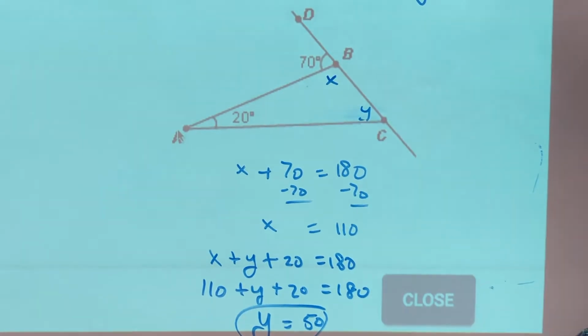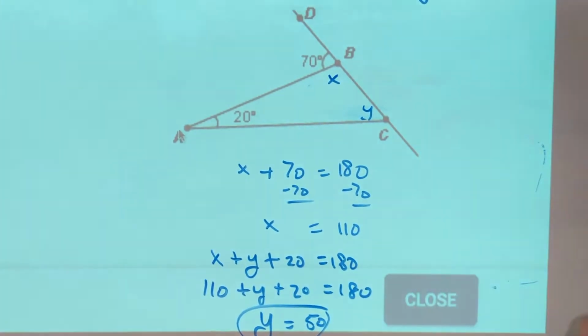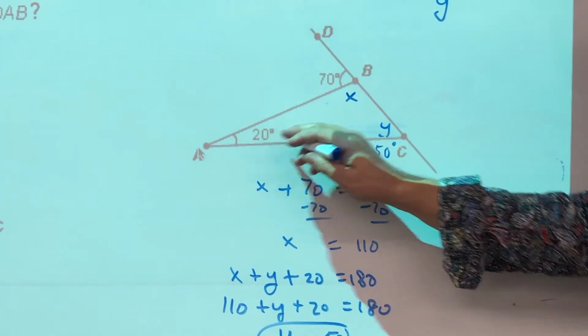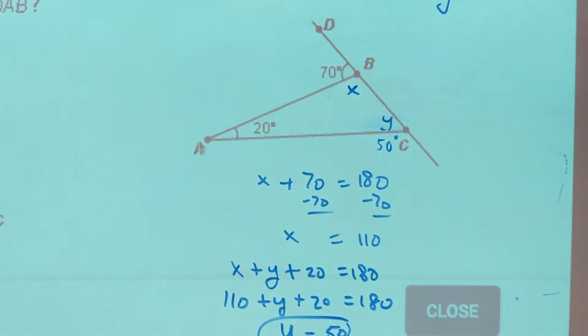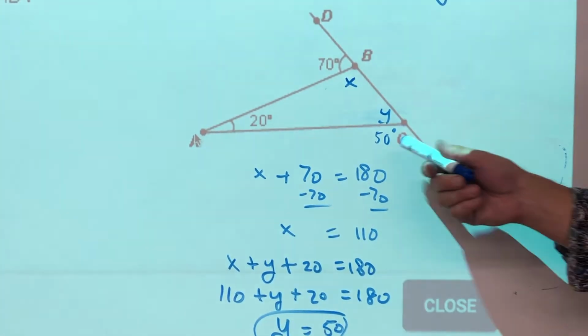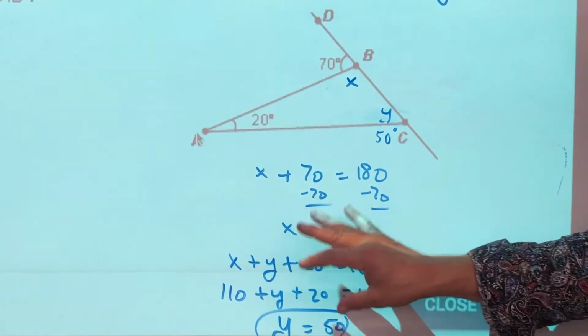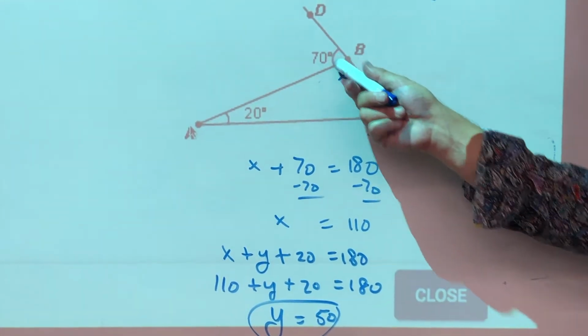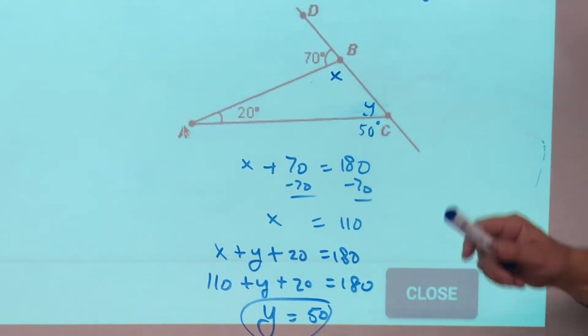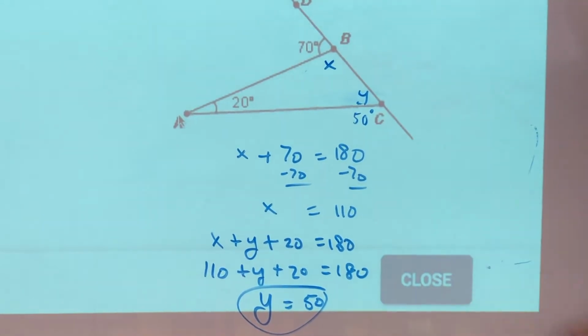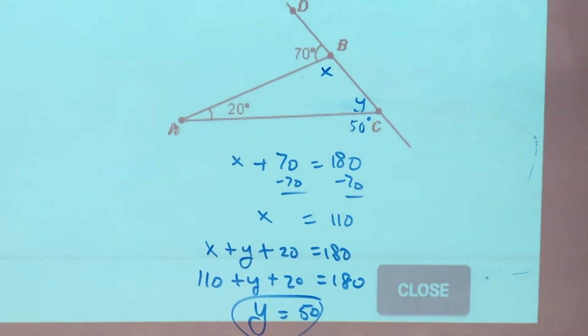Well, if that's 50, which it is, that 50 and 70 are going to equal that exterior angle. So that's a theorem, something you need to know as well. But for now, you also need to know how to work it out. That means you've got to figure out this linear pair is equal to 180, work that out, and then use that in your triangle sum theorem to get your 50 degrees. Okay, hope it makes sense.